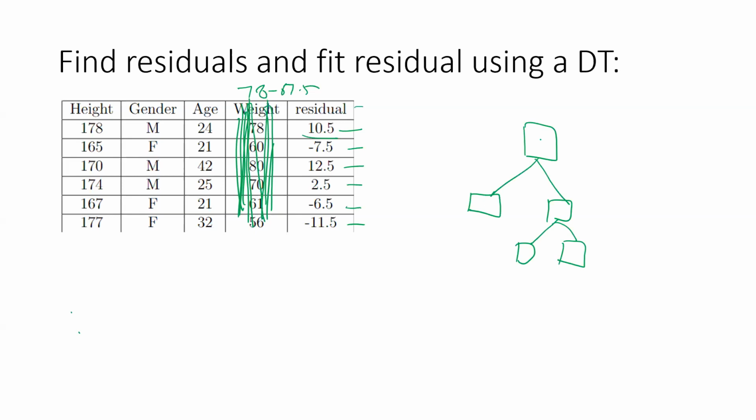Let's say according to height and according to age, it has been split. Let's say these two examples come here. So here the prediction is going to be the average over these two. And let's say these two examples come in here. So the prediction here will be the average over these two.